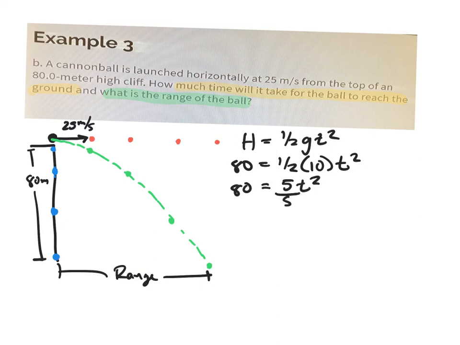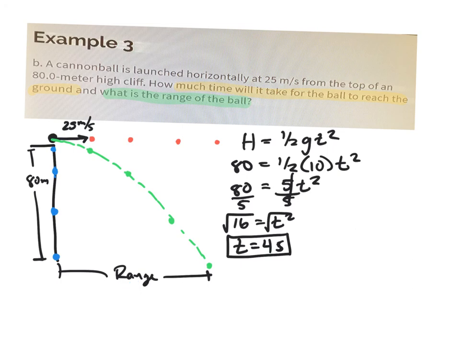If I then divide both sides by 5, that's going to give 16, and then t squared will be left over here. And then lastly, if I square root both sides, I'll know that t is going to be 4 seconds. Okay, so I get a nice clean 4 seconds. Last problem we rounded that, but now using the whole number of 80, we get exactly 4 seconds. So if it takes 4 seconds to reach the ground, what's the range it's going to reach?